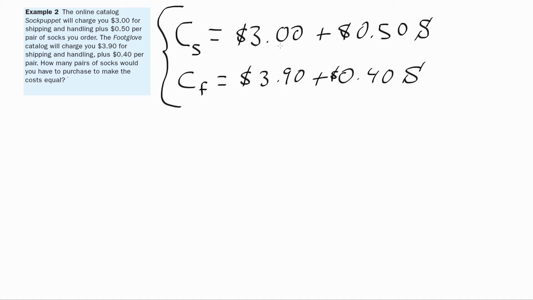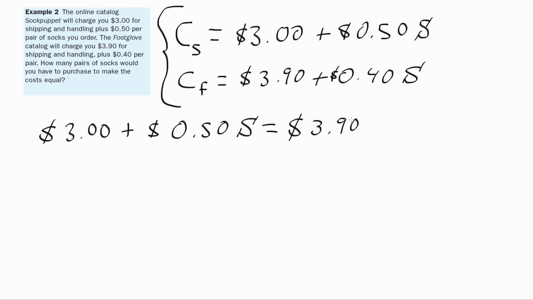Since C equals $3 plus 50 cents times S, then that means that $3 plus 50 cents times S is equal to $3.90 plus 40 cents times S.